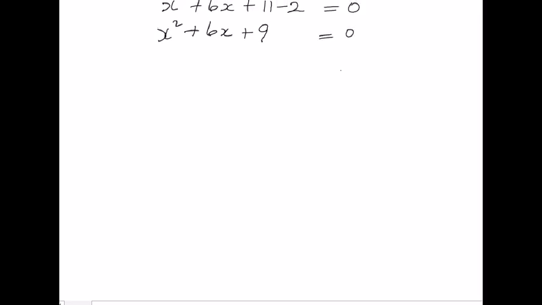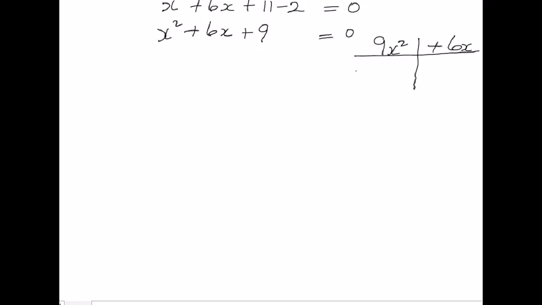How do we do that? So let's have a line like this. x squared times 9 will give us 9x raised to power 2. Then we have plus 6x.